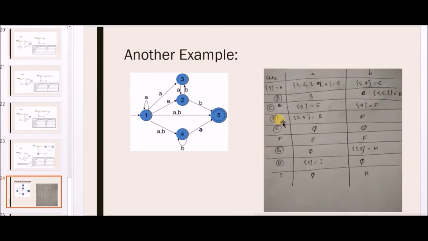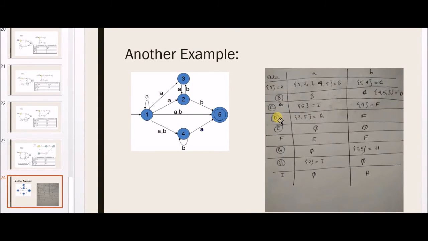From D, which is 5, 4, 5 and 3, for alphabet A I will be able to go to the states number 2, 5, this is another new state which is G, and from D for alphabet B, I will be able to go to the state F, which is 4.